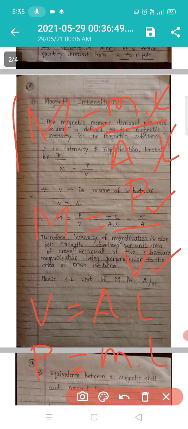Hence, the SI unit of magnetic intensity is ampere per meter.